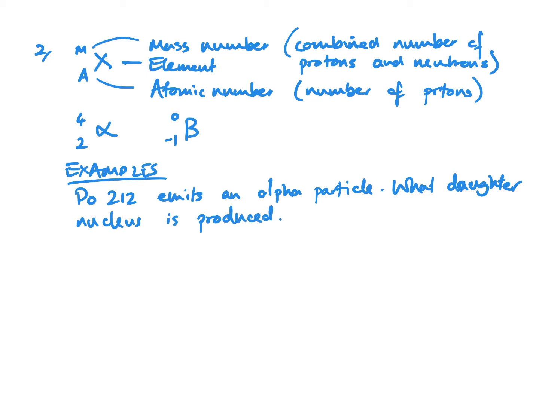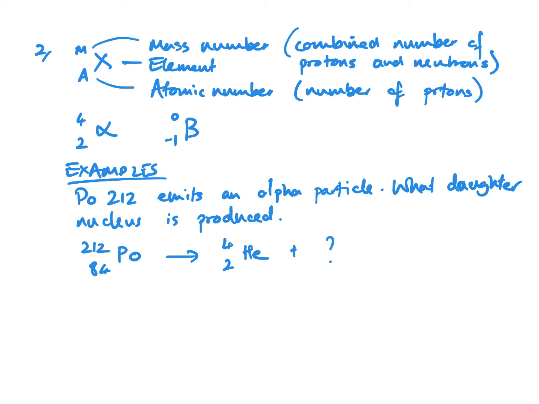So the atomic number of polonium is 84. So we start with 84, 212 polonium. We know that it emits an alpha particle, and we can write that with the alpha. I'll just show you, you can sometimes get it written as He plus our unknown.